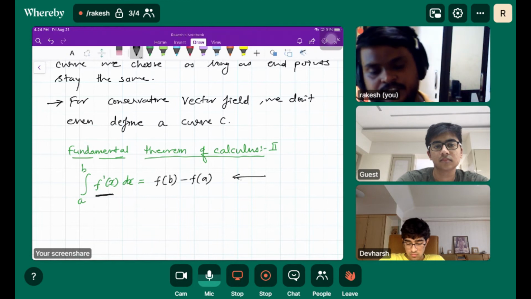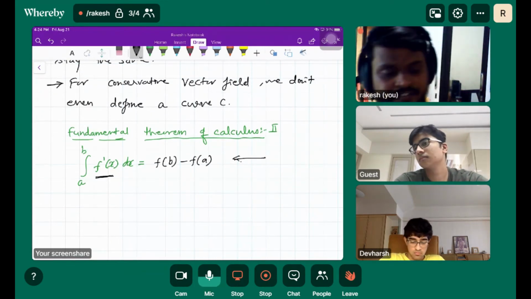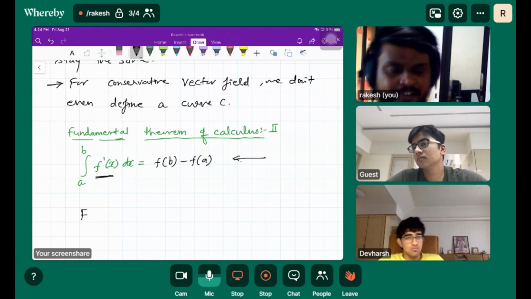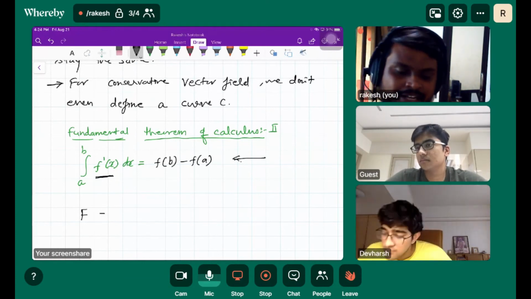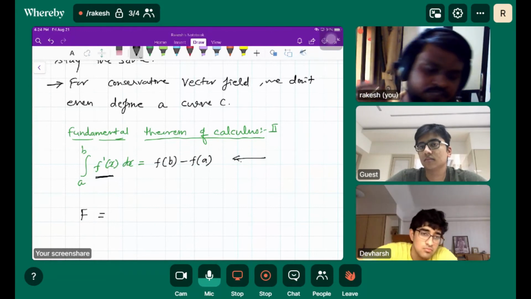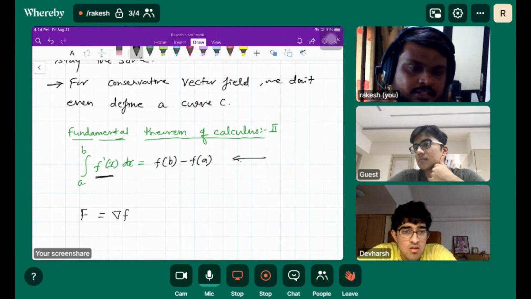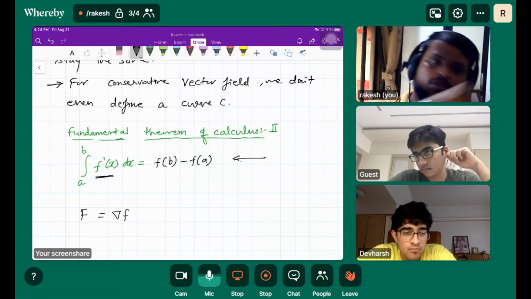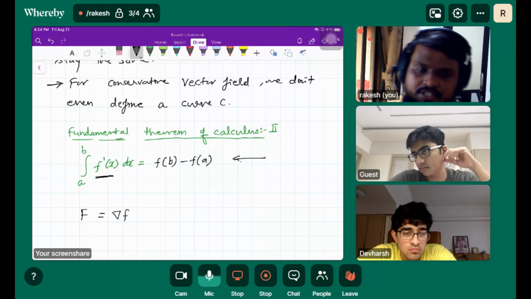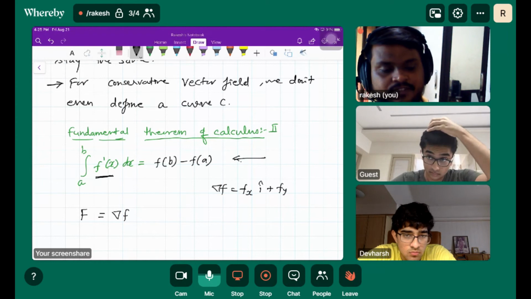Okay. Now, as I told you, when we have a conservative vector field F, it is the gradient of some potential function. So can we write this? A vector field is the same as the gradient of some potential function. Do you remember this? This del f was nothing but fx i cap plus fy j cap.